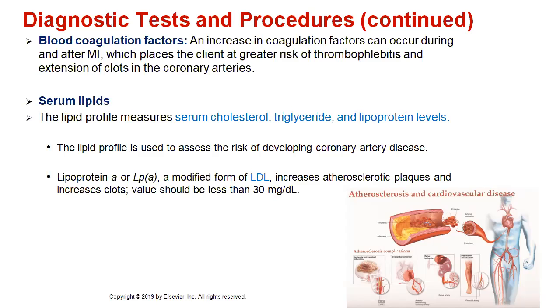Unstable angina means it occurs with exercise or at rest. Patient complains of chest pain when they do exercise or when they work, but when patient takes rest, angina disappears. It's called stable.